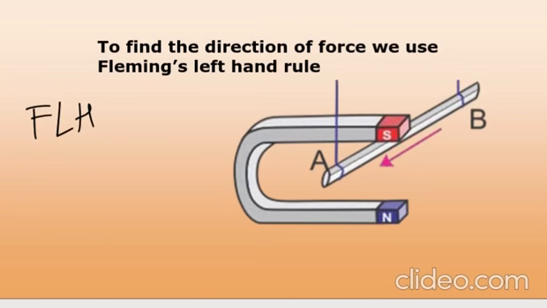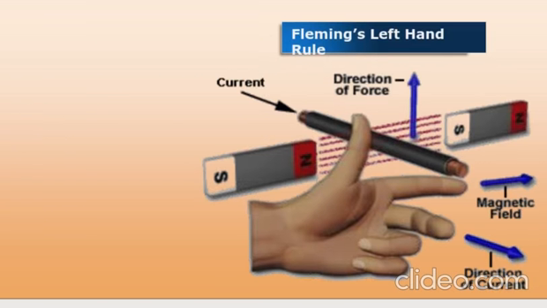Fleming's left hand rule. The right hand thumb rule was the RHT rule, and this is the FLH rule. How? If you place your hand like this, the thumb shows the direction of force, the first finger shows the magnetic field, and the second, middle finger shows the direction of current.